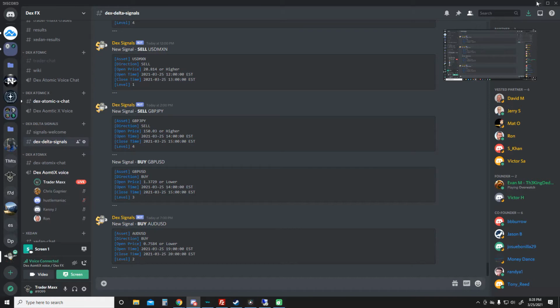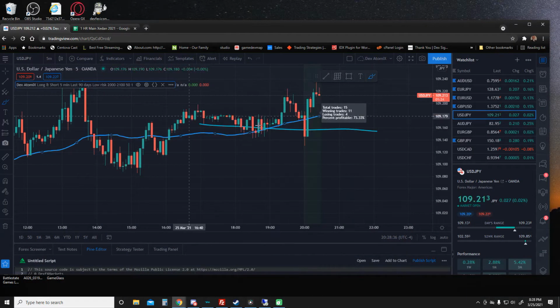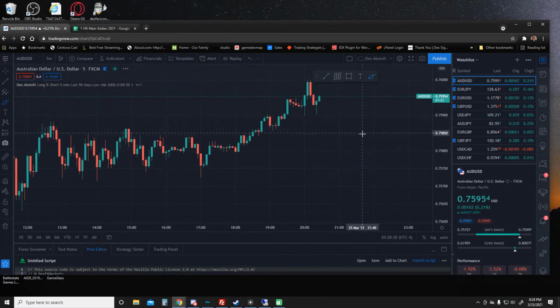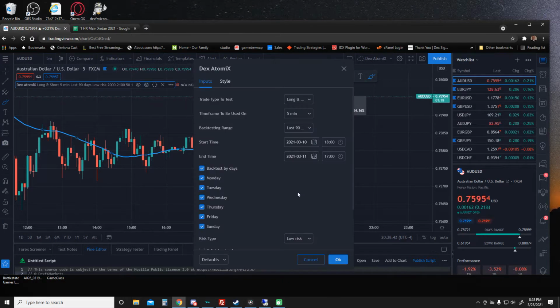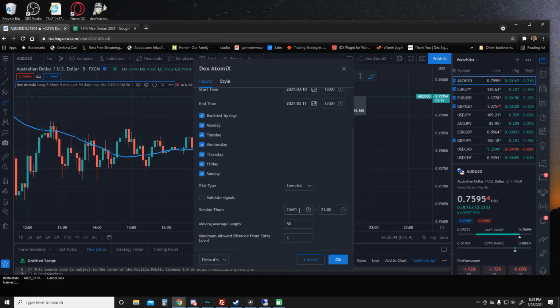It's very easy to do when using TradingView, because we're just going to pop up here to AUD USD. I'm going to open up all times here, 1900 to 1700, and do medium risk.